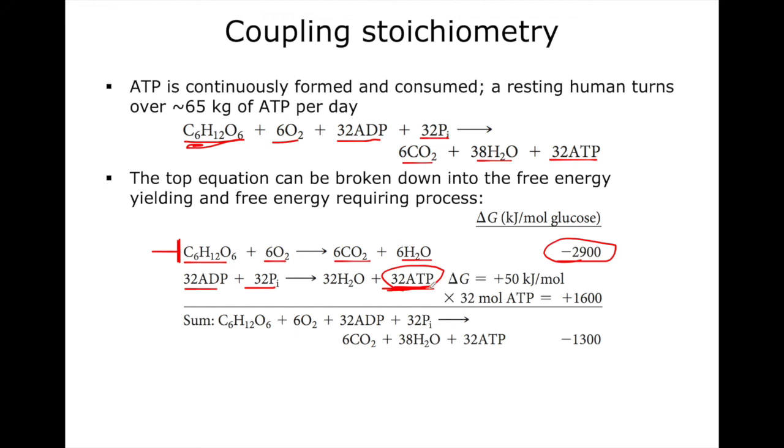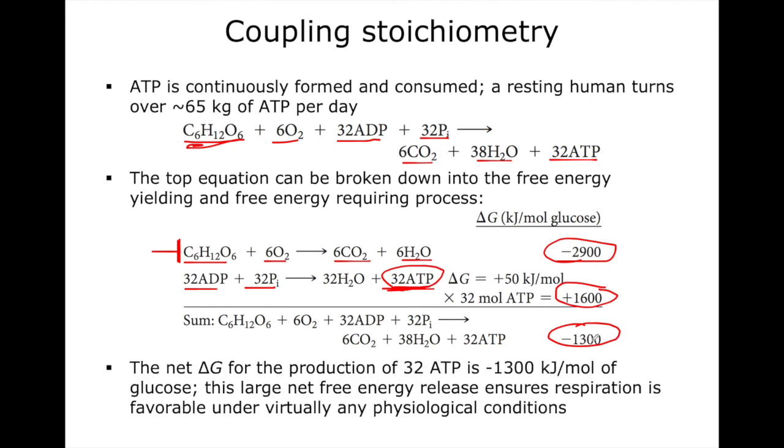And then that ATP, of course, can be used in the cell to couple to other endergonic reactions, and that's why ATP can be used as the energy currency. So the phosphorylation of ADP to produce ATP would be very endergonic. Here you can see positive 1,600. And overall, if we add these two together, we get the overall delta G value, which is very, very negative. So we phosphorylate the ADP, and we still have a lot of free energy left over.